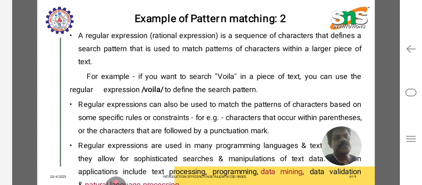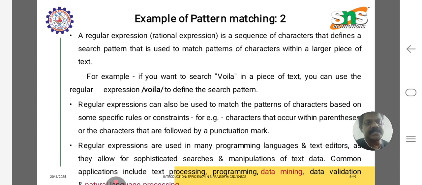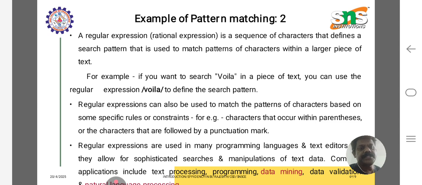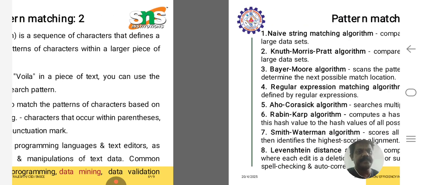Regular expressions can also be used to match patterns of characters based on specific rules or constraints, for example, characters that occur within parentheses or characters that are followed by a punctuation mark. Regular expressions are used in many programming languages and text editors as they allow for sophisticated searches and manipulations of text data. Common applications include text processing, programming, data mining, data validation, and natural language processing.